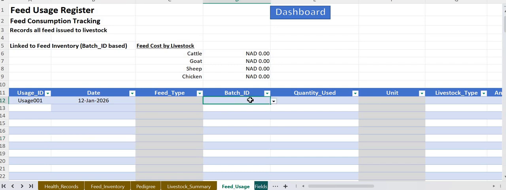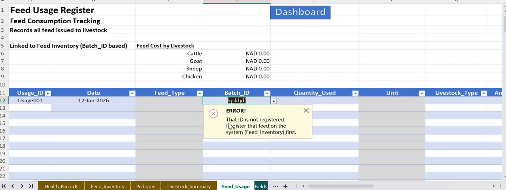Let's say, for example, you type in a batch ID which is not on the system, and the system says no, that's an error. That ID is not registered. Register that feed on the system first, through the feed inventory. So then you know that you go in there and register that.